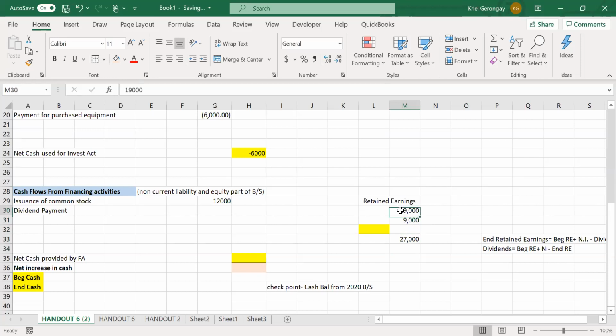So what we're doing here is finding the amount that will be subtracted from the total of these two numbers so that we get 27,000. Referring back to this formula, we can see that your dividends is 1,000.